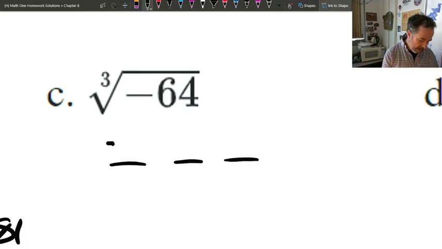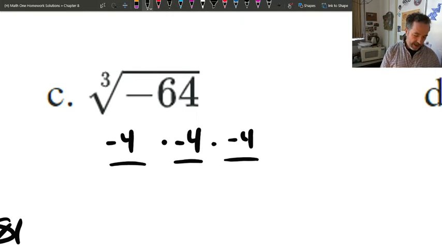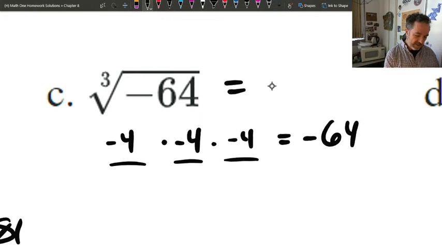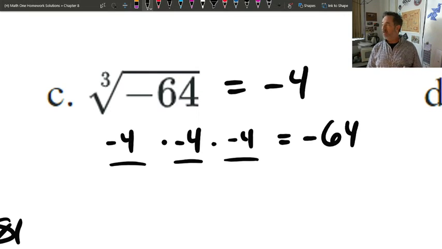It's going to be negative 4. Negative 4 times negative 4 is positive 16, and positive 16 times a negative 4 is negative 64. So the cube root of negative 64 is negative 4.